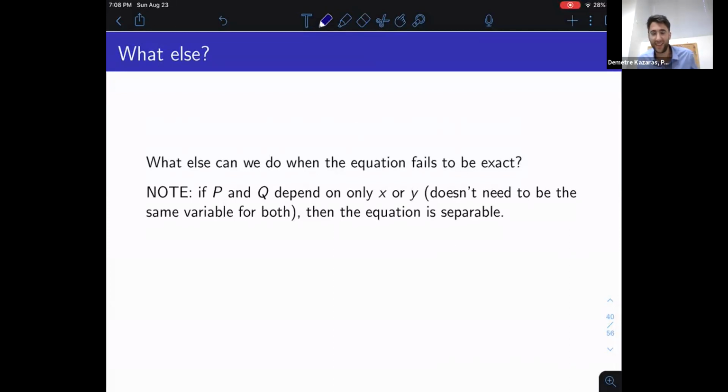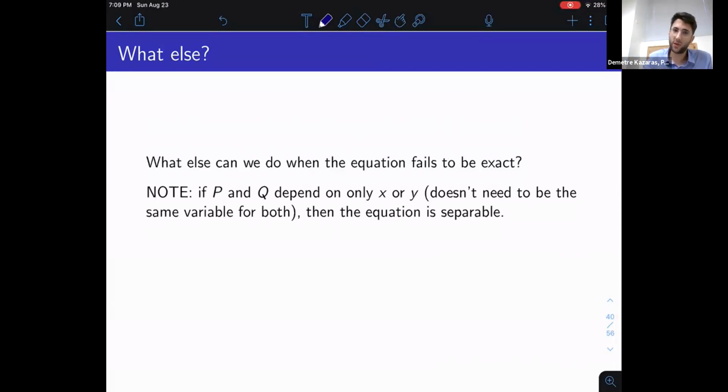Here's a fact. This is just a one-off simple thing, but if p and q each only depend on one of the two variables, then, usually I've been calling x a variable and y the unknown function, but in this section I'll be treating them on equal footing, so I'll refer to them both as variables.